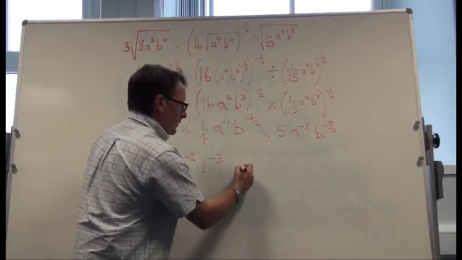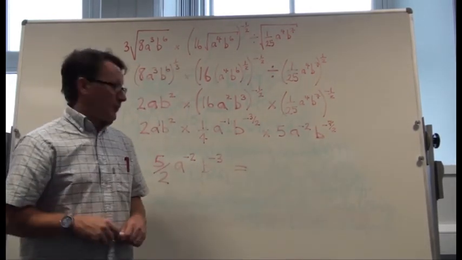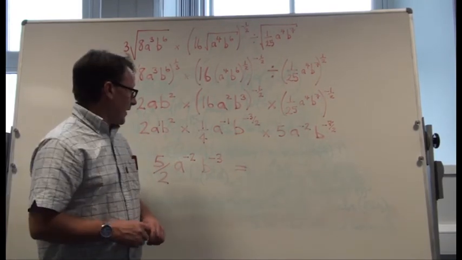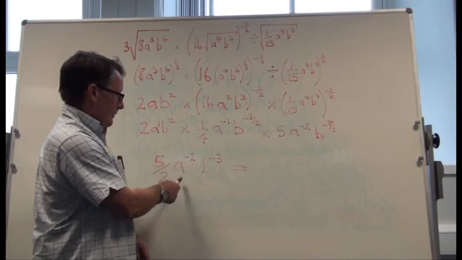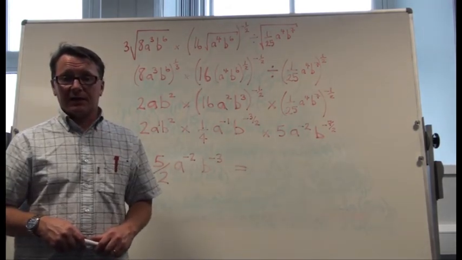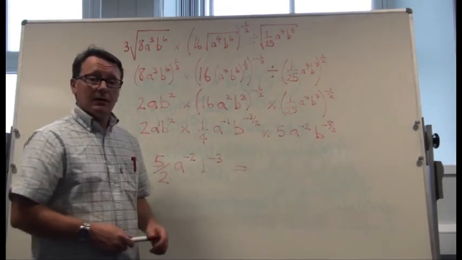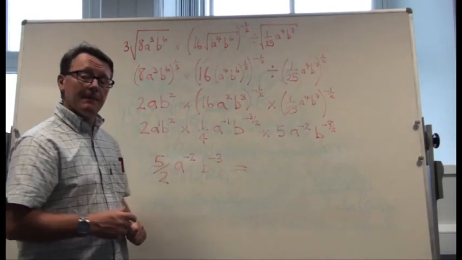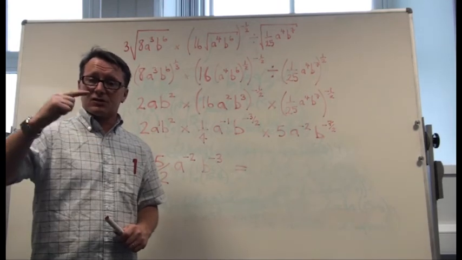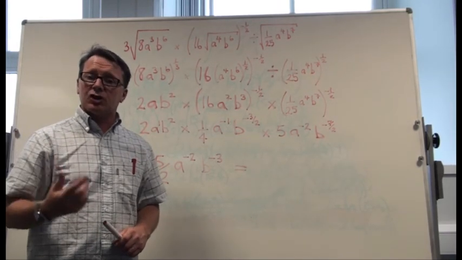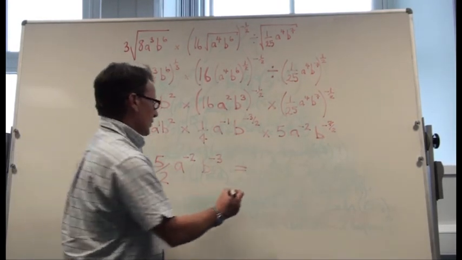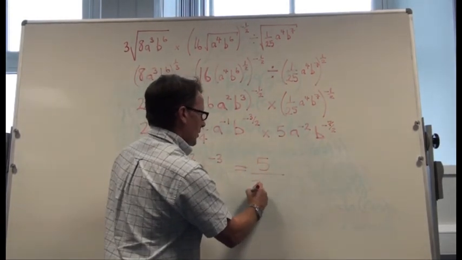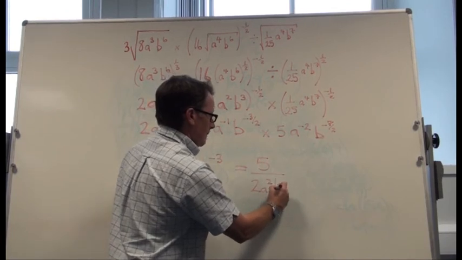And if you wish, that's the right answer, but if you want to just use positive powers in your answer, then you can take the a down to the bottom line and make it a squared, and the b to the minus 3 on the top line becomes b cubed on the bottom line. If you move it from the bottom line to the top, or vice versa, you have to change the sign of the power. So that gives us the final answer, 5 divided by 2a squared b cubed.